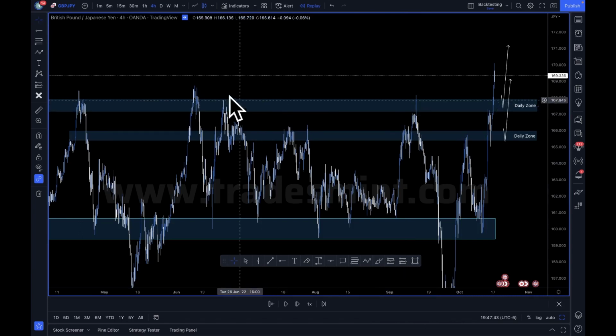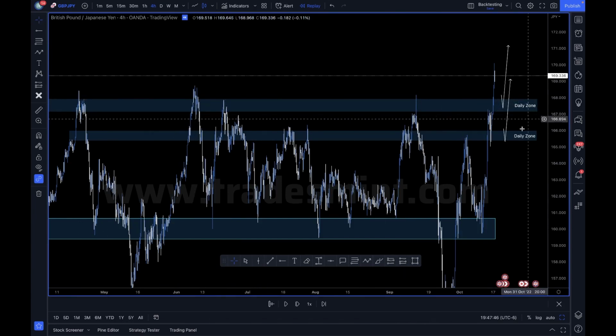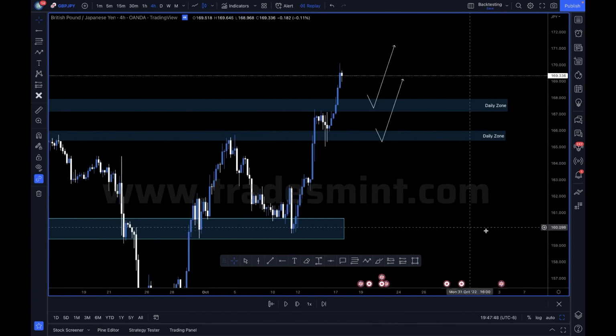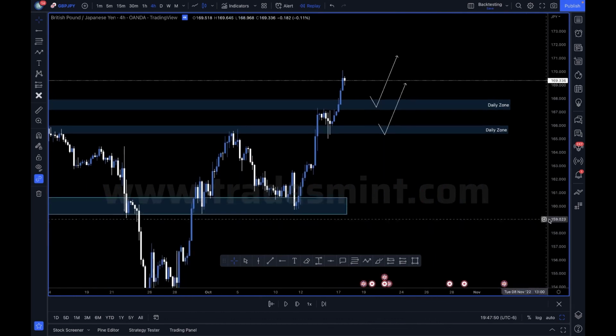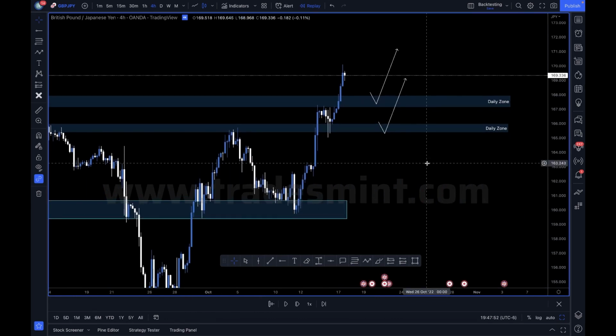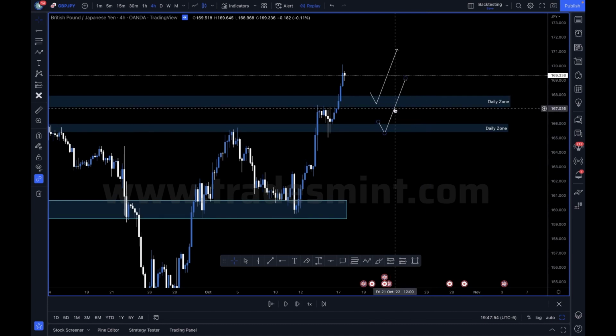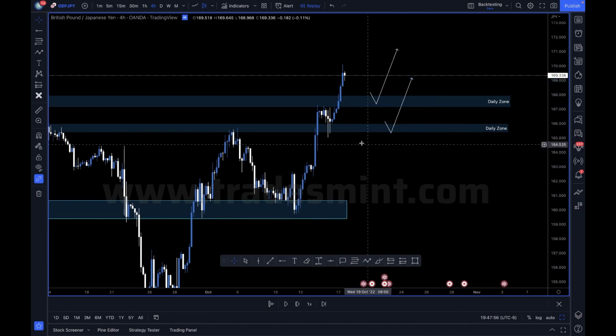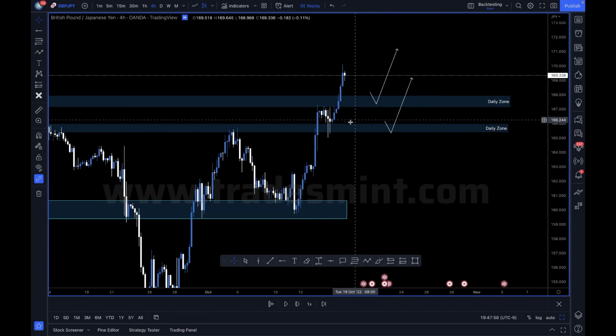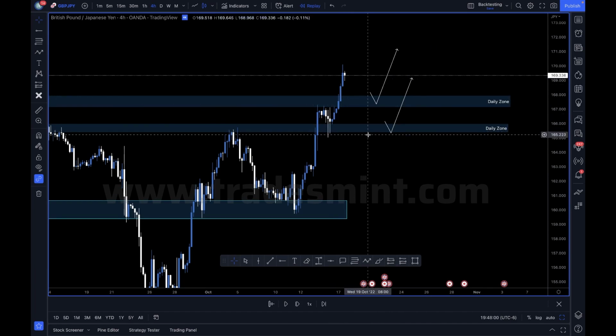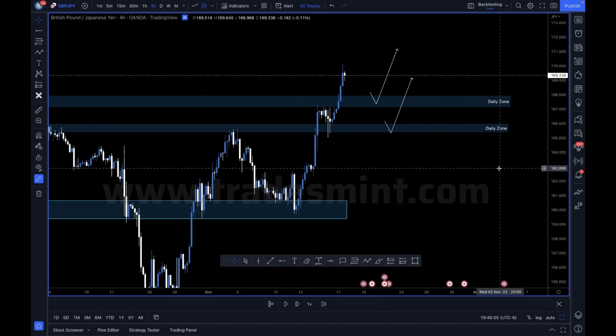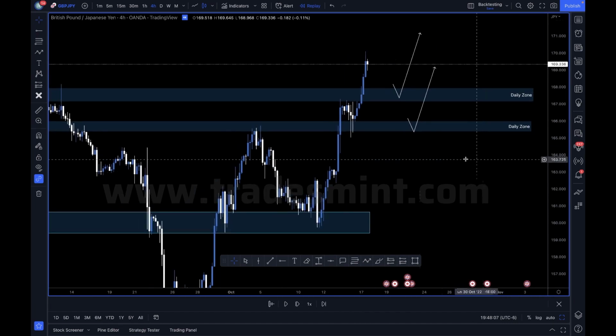And then this zone here, those are my zones of interest. So you want to have at least two zones of interest and scenarios, which we'll talk about later with if-then statements and if-then scenarios. I'm hoping that it pulls back deeper here. If it pulls back deeper to this zone, then I'm going to buy.